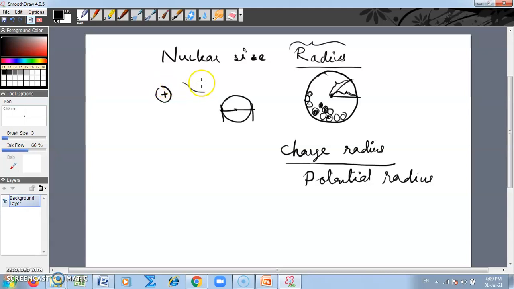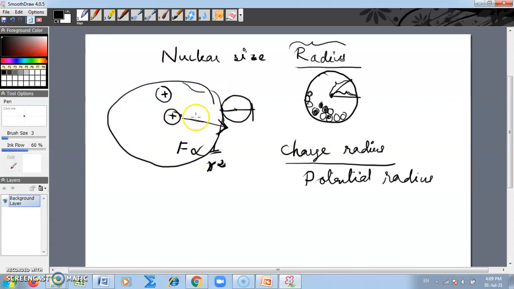If it would have been electrostatics, a normal kind of charged particle, then the effect of a charge is felt to quite a big distance, because F is proportional to 1 by r square, and obviously because of this squared term, the force will decay very soon, much sooner than r. But still it will not end where the charge ends. So it will be affected in an area surrounding this charge.